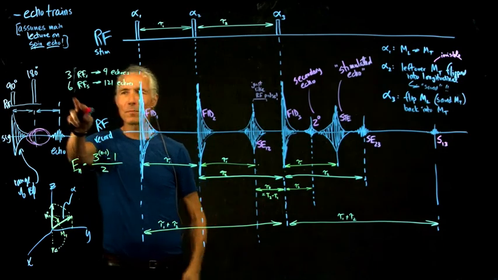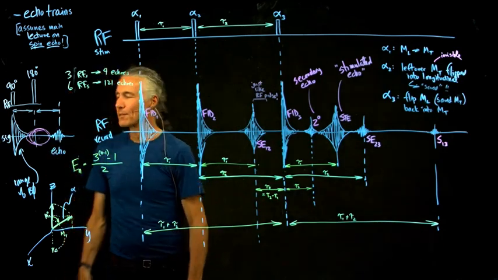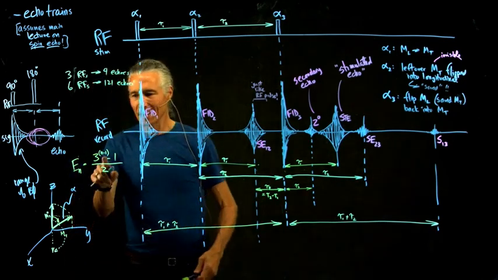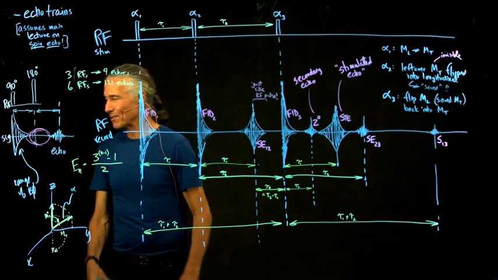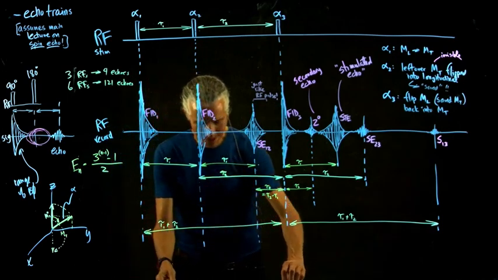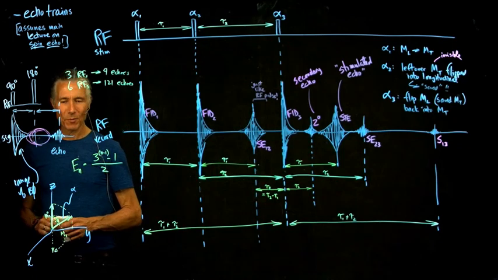If you plug in 6 for n, you'll see this comes out to 121. If you plug in 10,000, you'll get a really monstrous number of echoes. Well, just hold off the questions for this till the end.